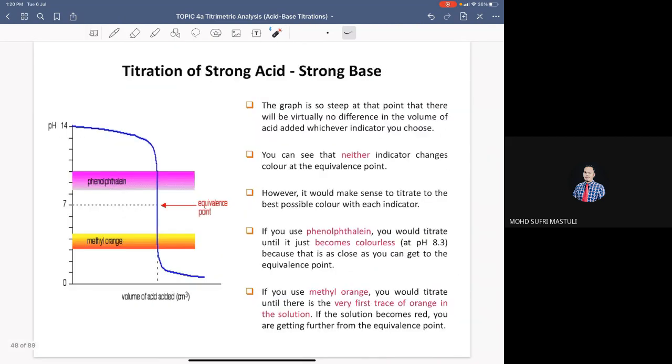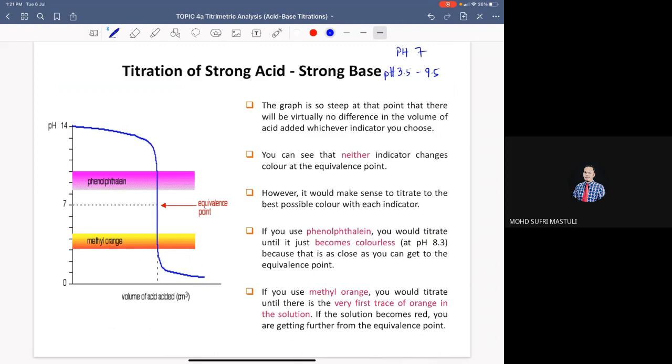So this is the titration curve for strong acid, strong base. If you still remember, the equivalence point is pH 7, and the pH range is between the strong acid at 3.5 and the strong base at 9.5.